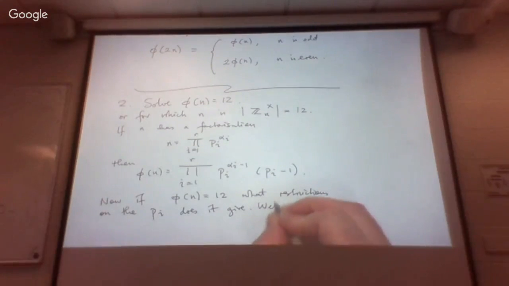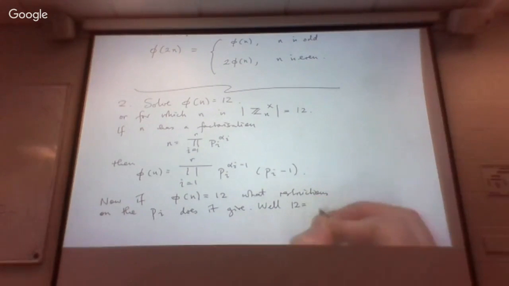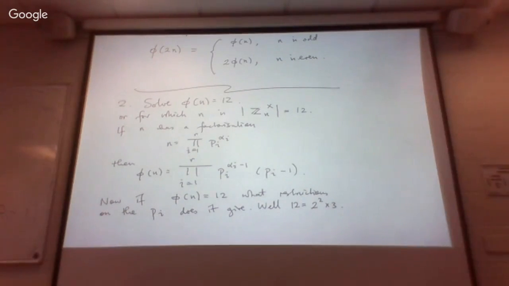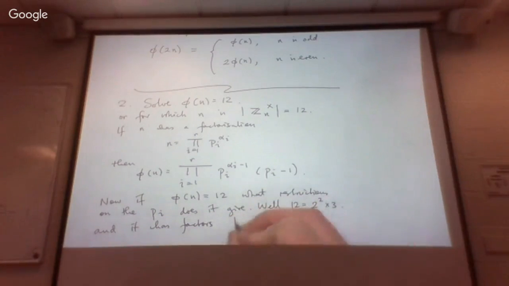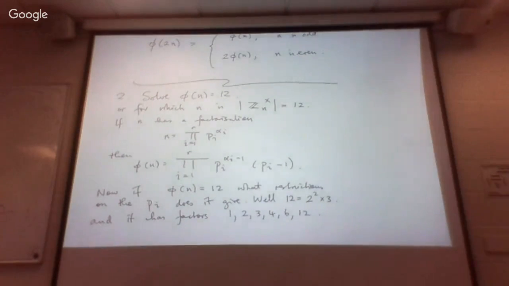Well, 12 as a factorization is 2 squared times 3, and it has factors. The factors of 12 are 1, 2, 3, 4, 6, and 12 itself. It has all of those factors.